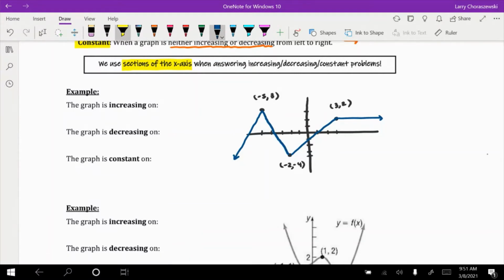So what I'd like us to do is focus on a starting point at this very left end of the graph. If you're able to put your finger on that part of the graph and trace the graph along with me, we'll determine whether or not these pieces are going up, down, or just staying flat.